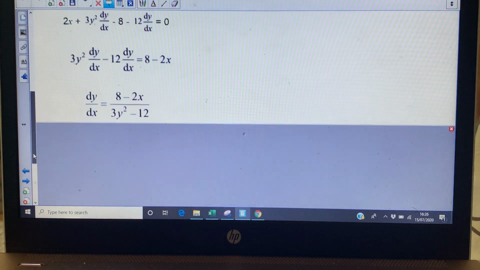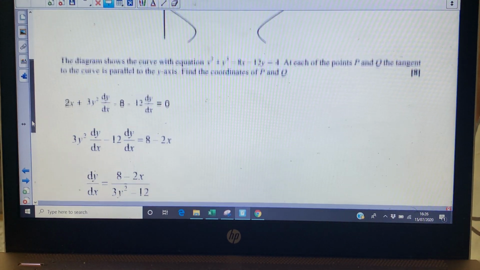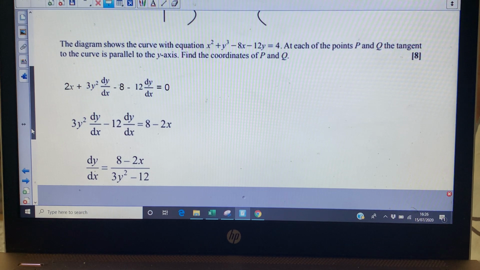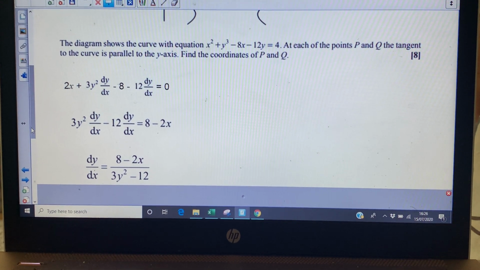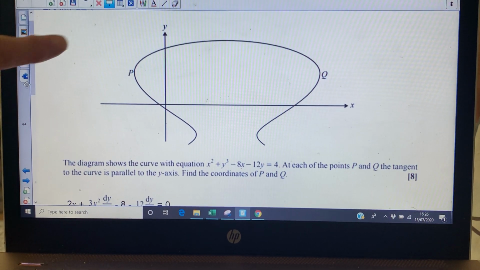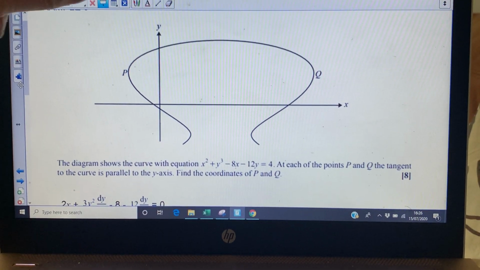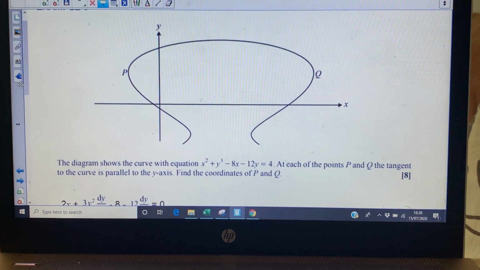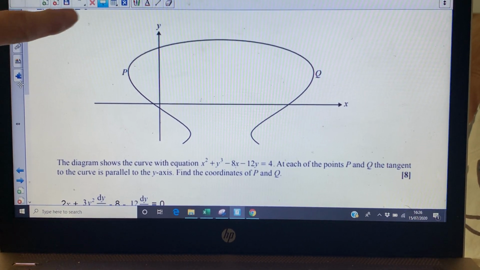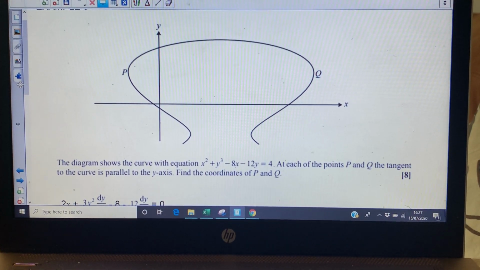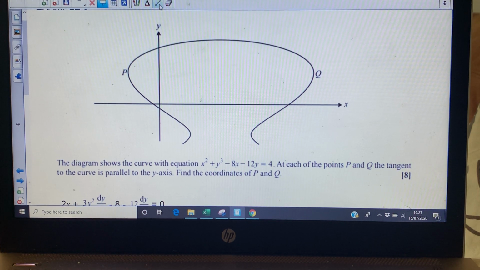Now, to be parallel to the y-axis, if we go back here and have a little think about the gradient, you know that if you've got a vertical line, then your horizontal change is 0. So think vertical line. I'll draw a line in because I think it helps me.